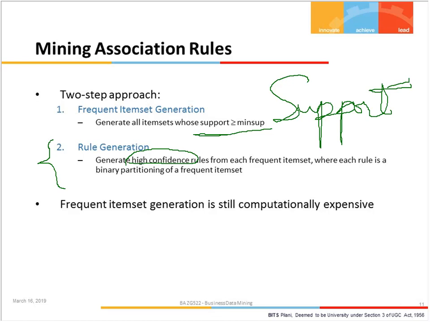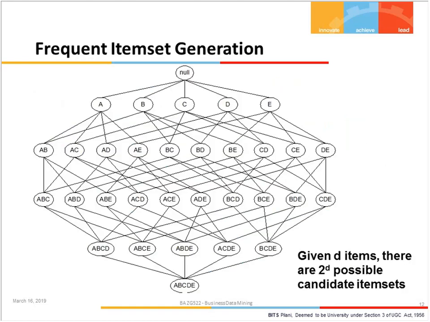Now, these two steps look pretty good, but we need to find efficient ways of doing them. First, we need to do frequent item set generation. If we have to do it through brute force, that is going to be very expensive, so we need to find an alternative. Let's look at the possible frequent item sets.